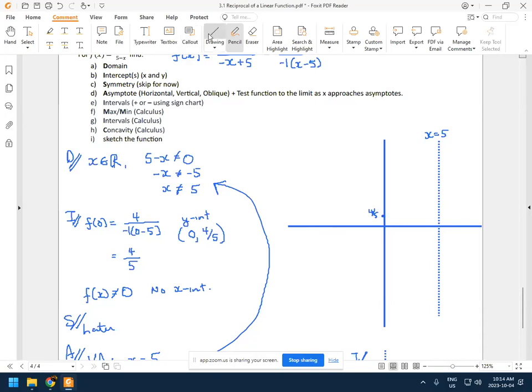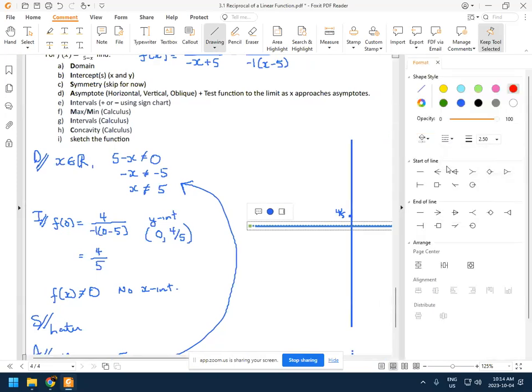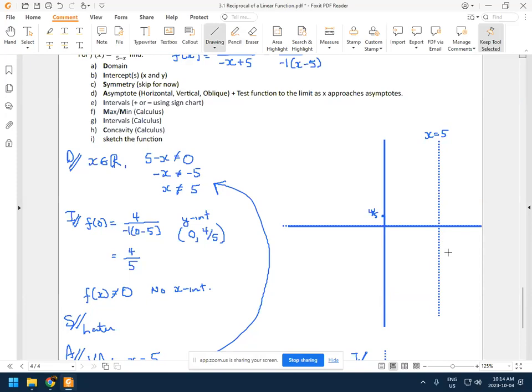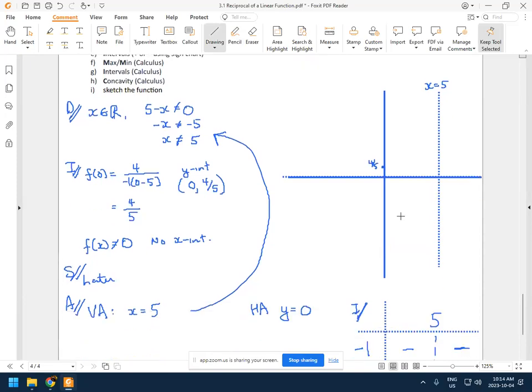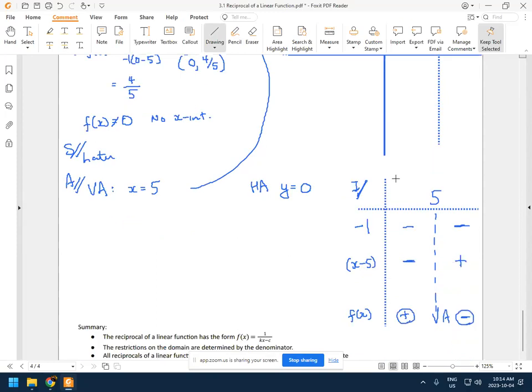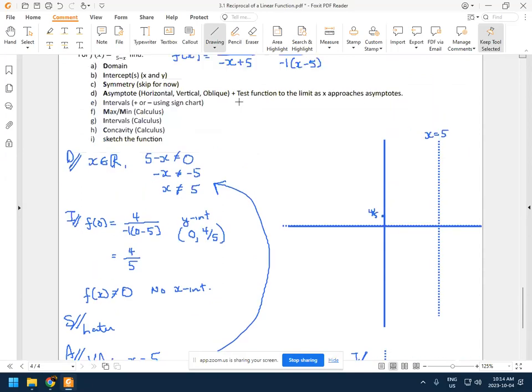There is no x-intercept, which also implies we have a horizontal asymptote. Okay, and then based on this, any point to the left of my vertical asymptote has to be positive. Any value to the right of my asymptote has to be negative. So I'm going to assume that it's going to do this, and it's going to do this.